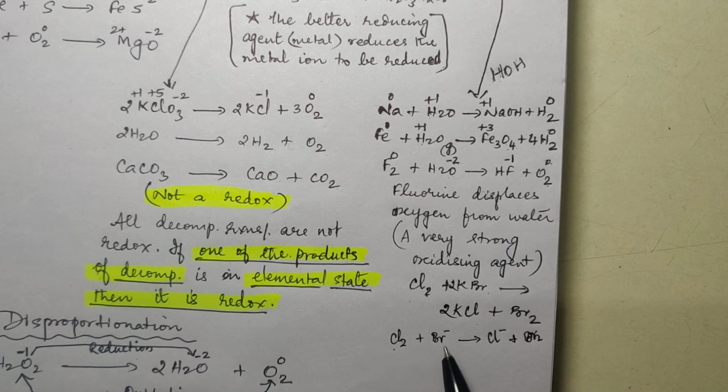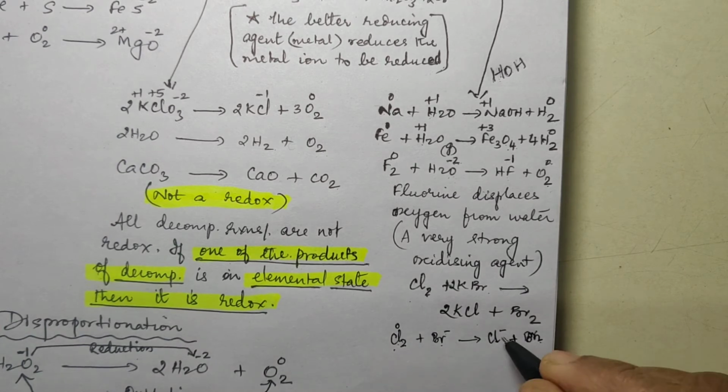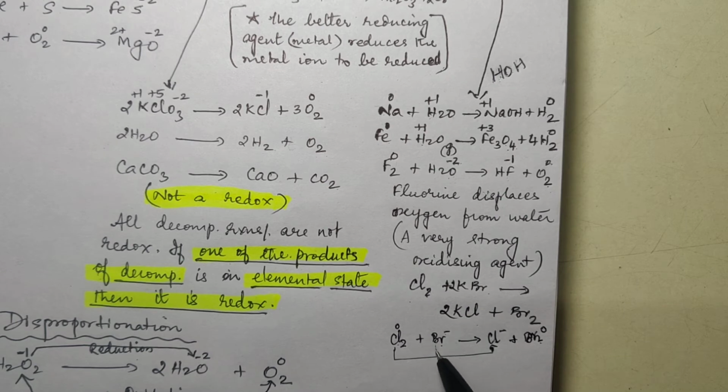Cl2 oxidizes Br minus to Br2 and gets itself reduced to Cl minus. This is 0, this is -1, this is -1, this is again 0, right? Cl2 to Cl minus is reduction, and Br minus to Br2 is oxidation, right?